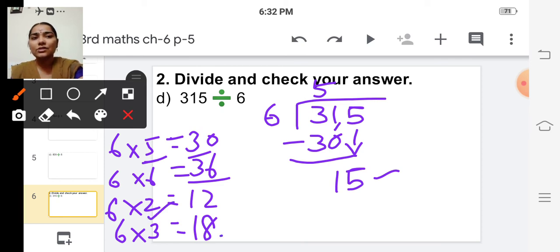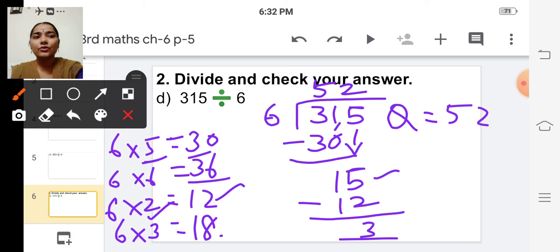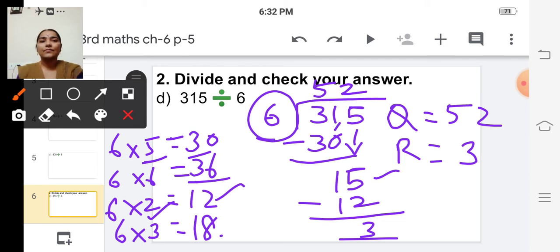So write 2 in the quotient and write this 12 below the dividend and subtract. 15 minus 12 is 3. So the quotient is 52. Remainder is 3. And the divisor is 6.